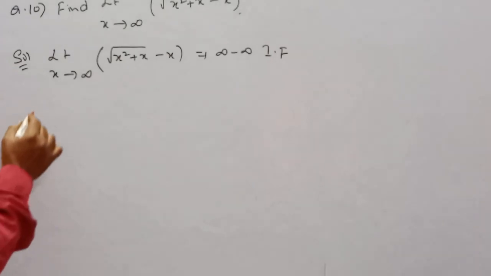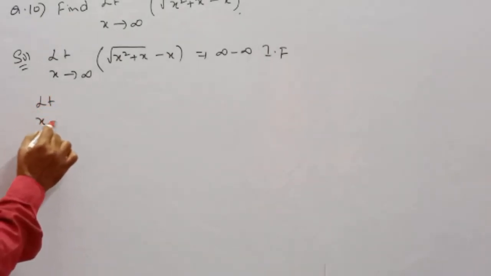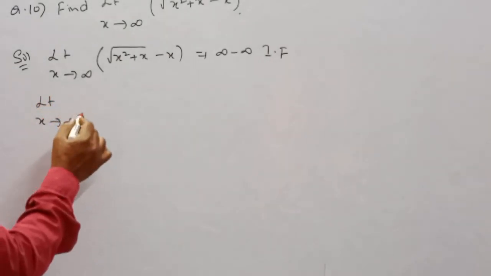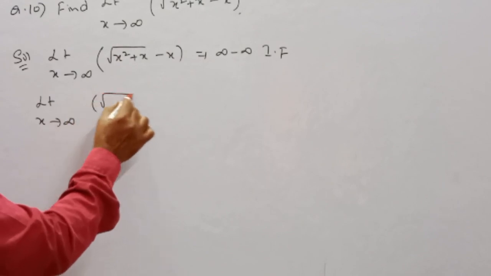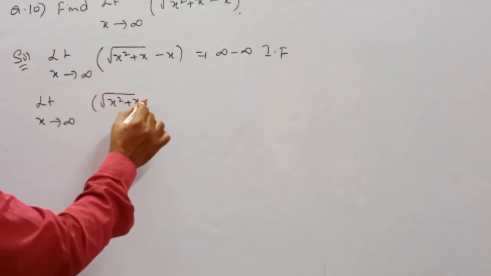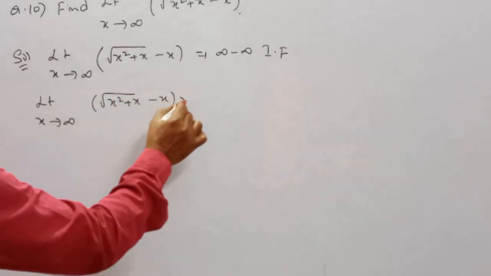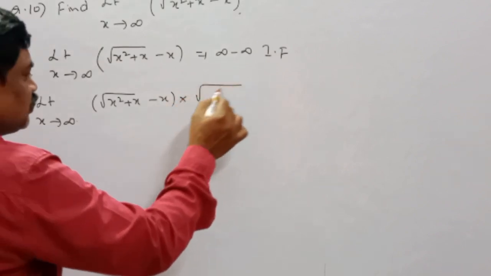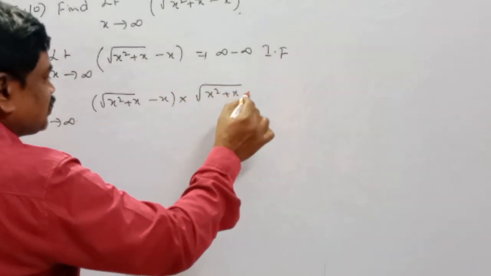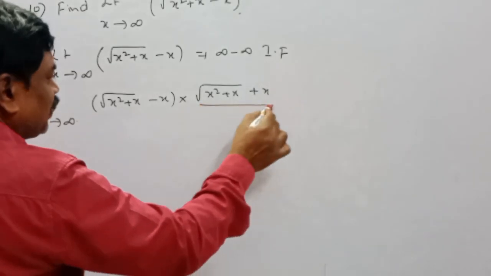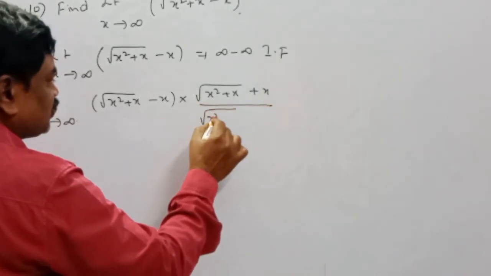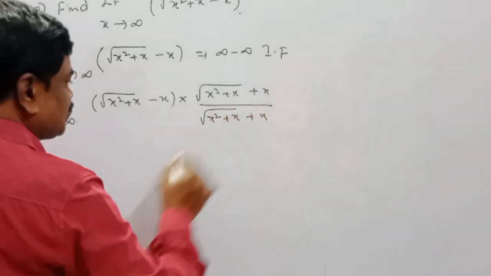So the limit as x tends to infinity, we can write this as root over x square plus x minus x, multiplied by root over x square plus x plus x, divided by root over x square plus x plus x.